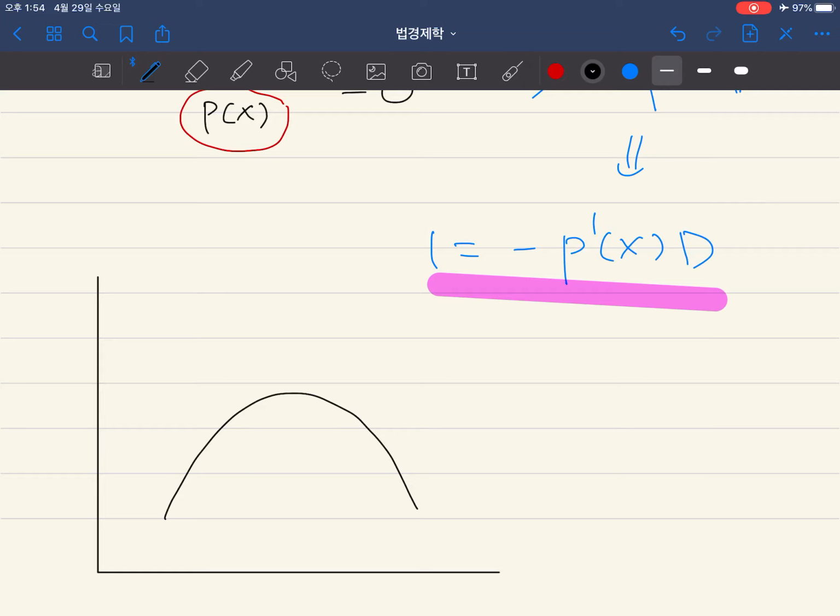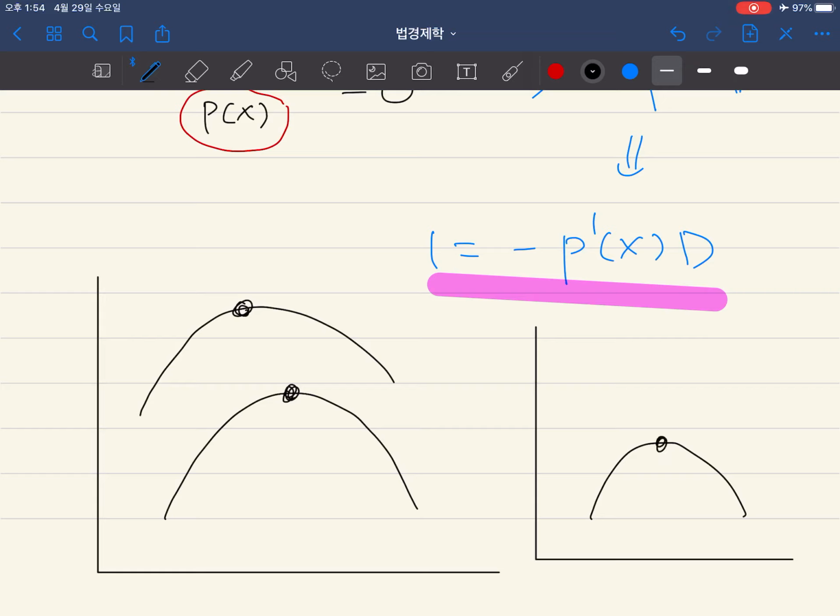So our question here is, if I draw two isocost curves, here is the maximum. Do we have a graph something like this? Or do we have a graph something like this?